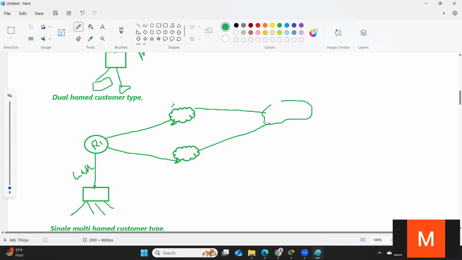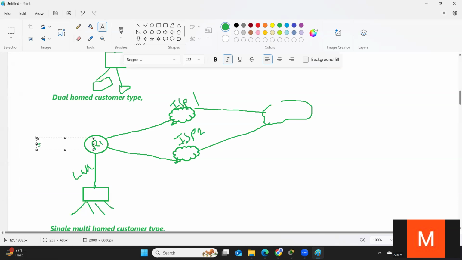So here we have ISP one, and here we have ISP two. It's a dual-homed customer type, and this is also a small organization. So BGP is not required here either.